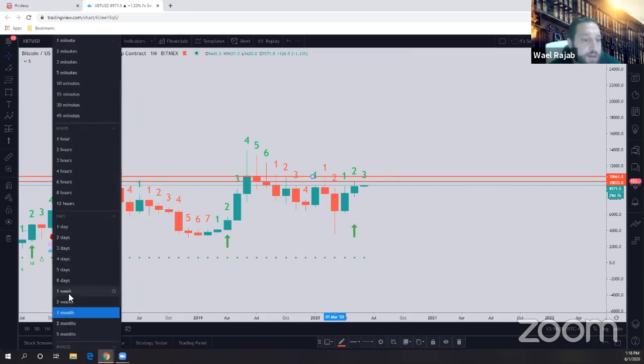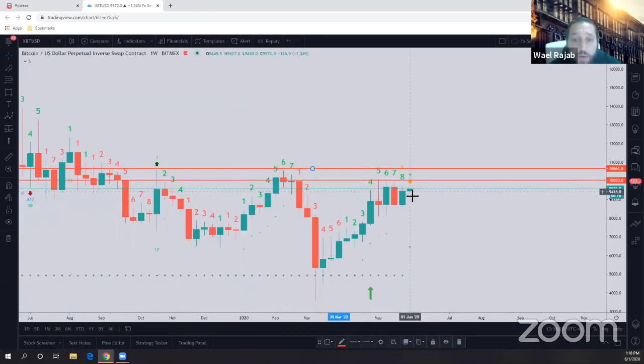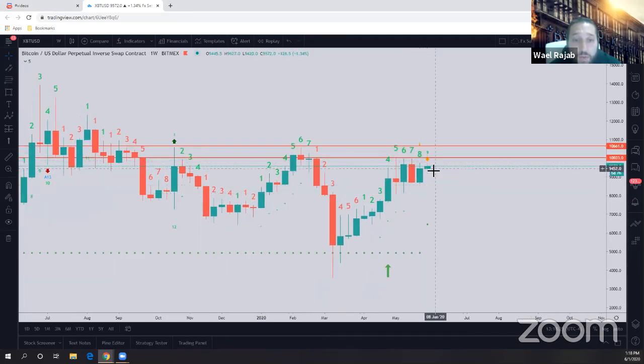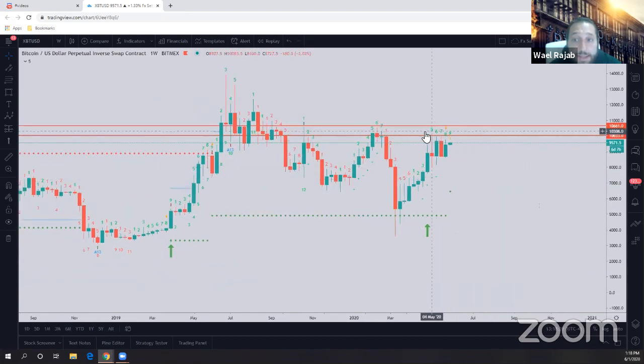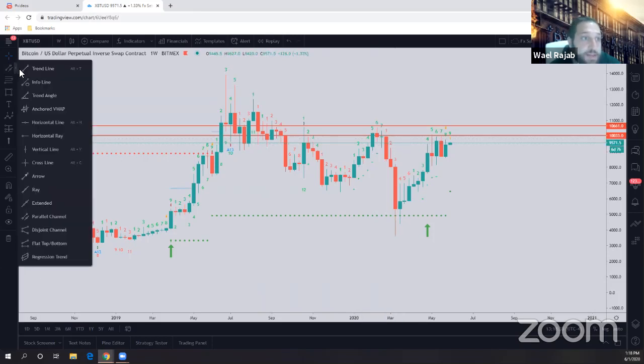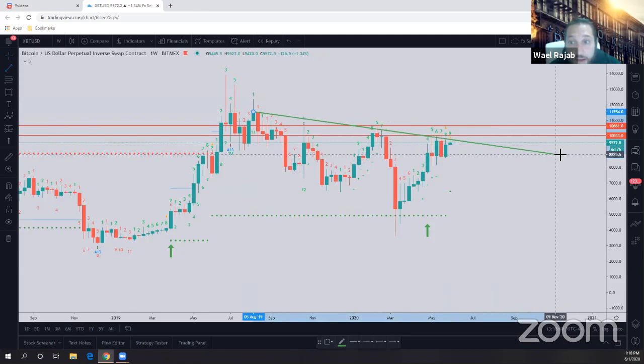So we'll head to the weekly, and now we're getting a sell 9 on the weekly. And not only are we getting a sell 9, it just looks like the perfect place for this to fall down and follow its trend. You know what I mean?